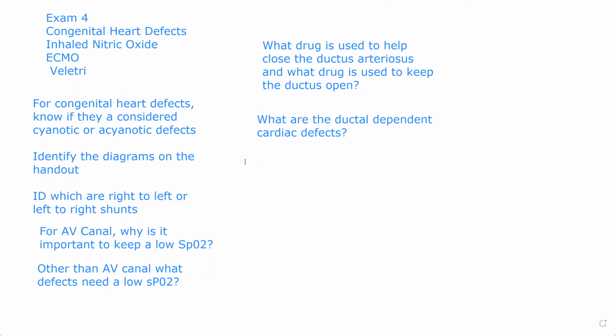I don't know if I can shout out the answer and be complete as the notes, so I'll defer to your notes on that. I know that with hypoplastic left heart, you need a ductus to get blood into the aorta. With tetralogy of Fallot, you need to get blood into the pulmonary vessels because the pulmonary artery is underdeveloped.